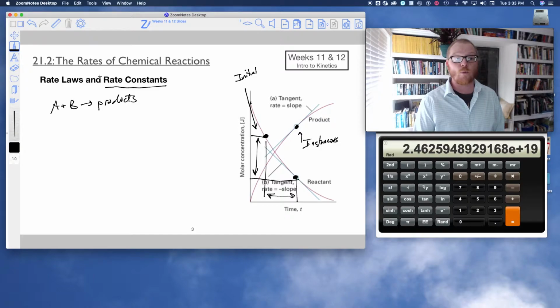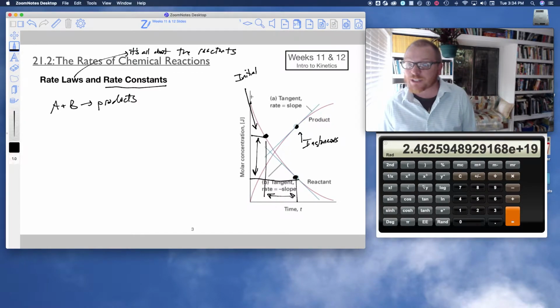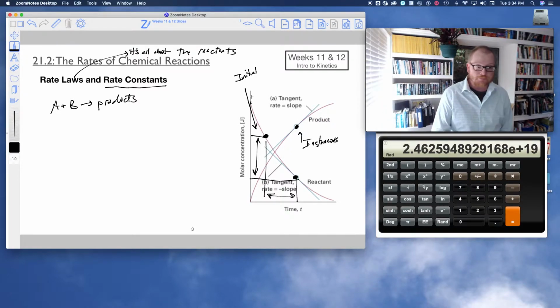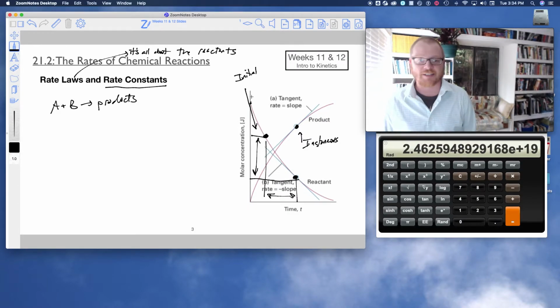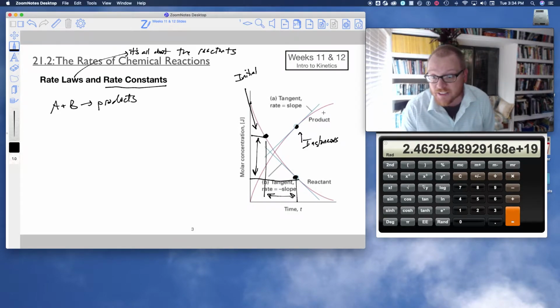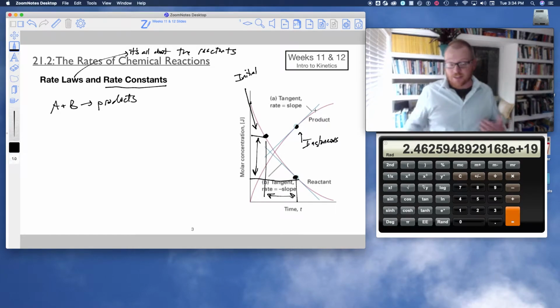And what I want to say with rate laws, okay, it's all about the reactants. We're going to have to start getting used to seeing that, all right? It's all about the reactants. And obviously we can still do the rates of the products, okay?